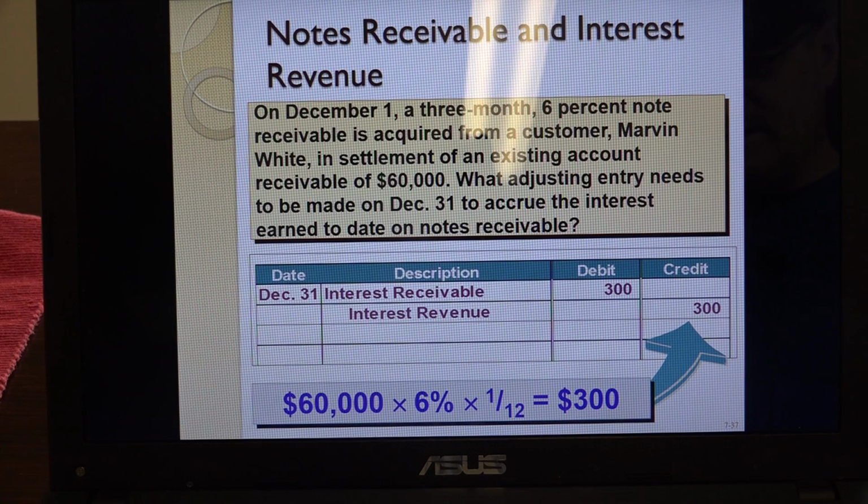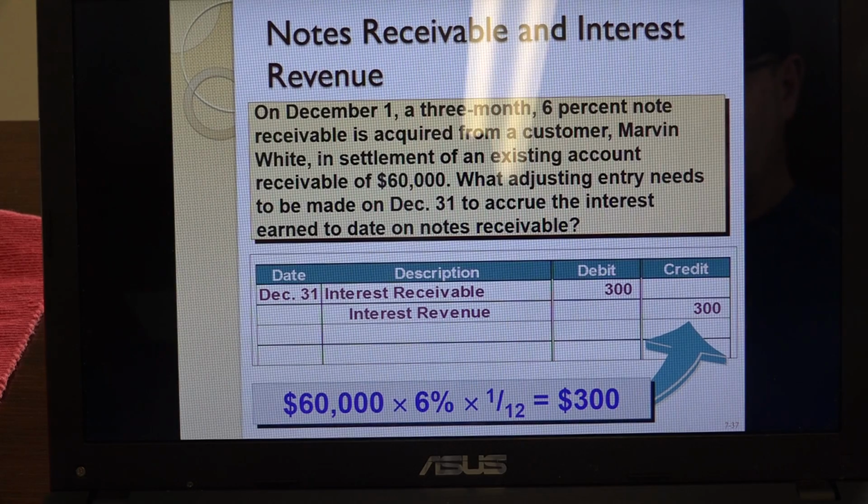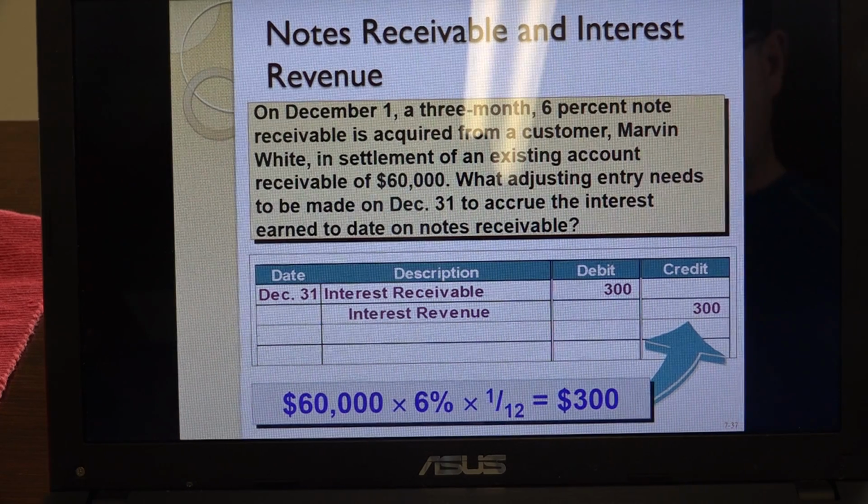And so to calculate that, we take the face amount of the note, $60,000, multiply it by 0.06, which is 6%, times 1/12. And so that calculation produces $300. So at the end of the period, we debit interest receivable and credit interest revenue.